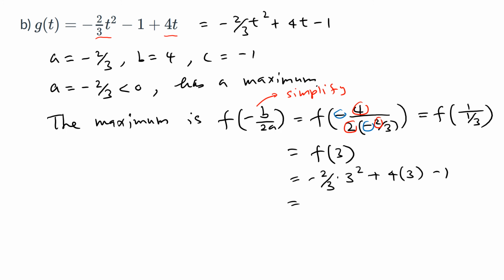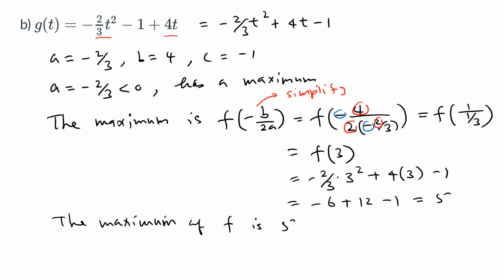So you can see the 3s get cancelled, you get negative 6 plus 12 minus 1, which is 5. So that means the maximum of f is 5. Okay, so that's the value it can attain as a function.